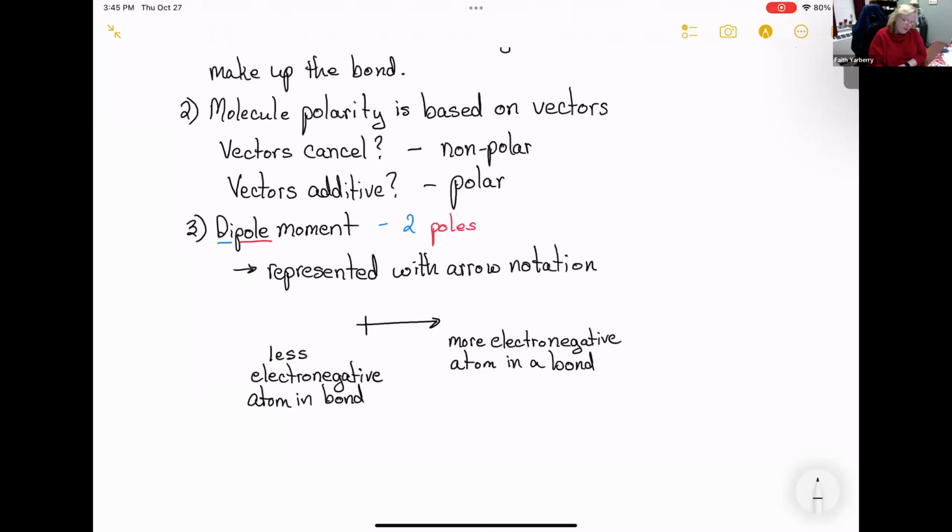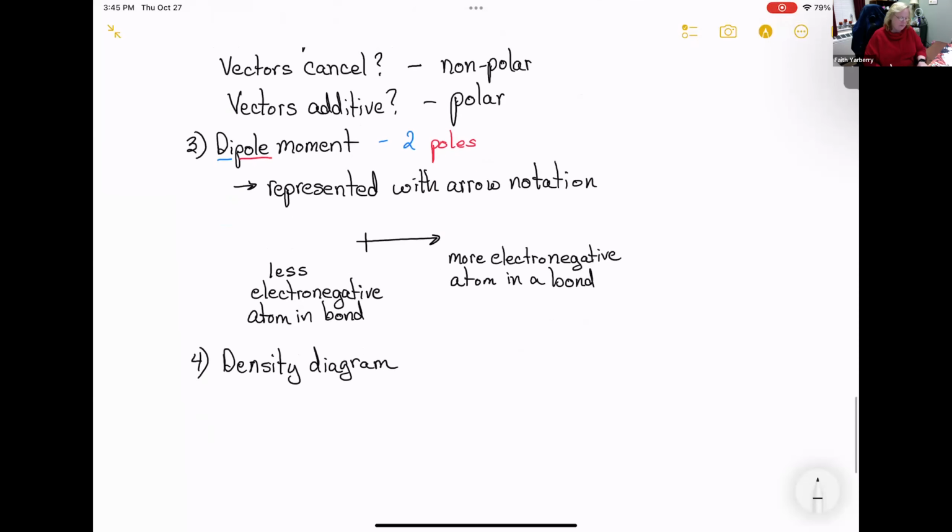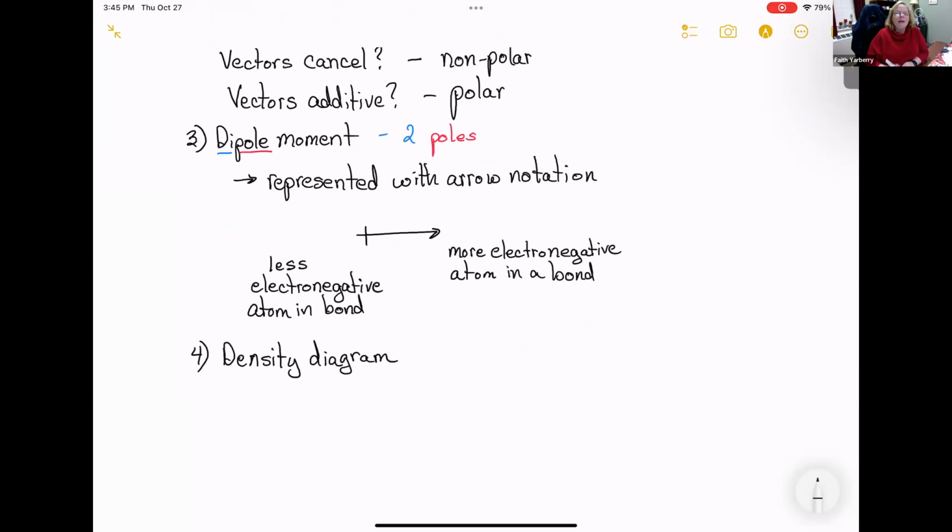Now, the third thing that you needed to note is that what they gave you was considered to be a density diagram. In the case of the density diagrams that they used, the blue shade represented an area of less density.